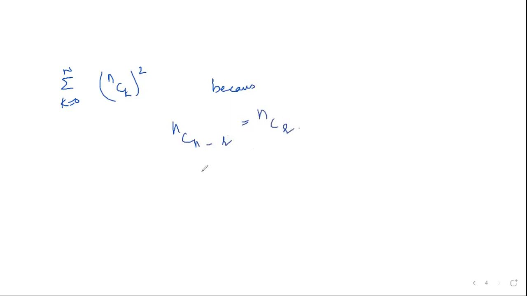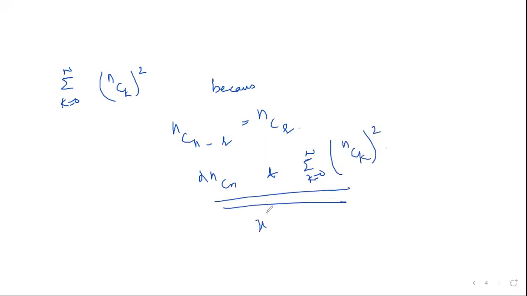Also, both 2NCn and the sum of nck whole square for k is equal to 0 to n represent the coefficient of x power n in our 1 plus x whole power 2n. So that is the reason these two are equal.